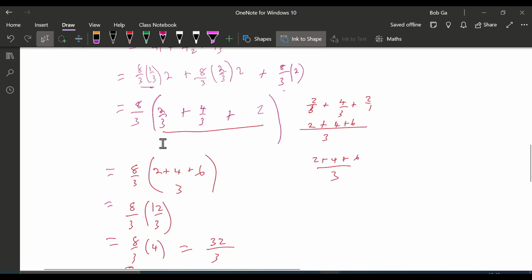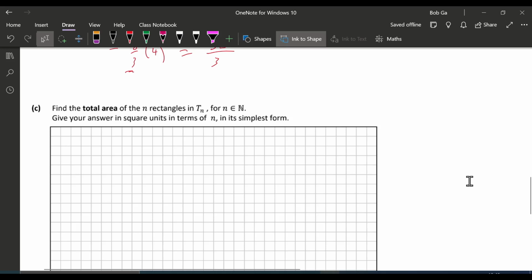We were able to establish a sequence somewhere here. So let's take the example of three rectangles, when we got A1 plus A2 plus A3.